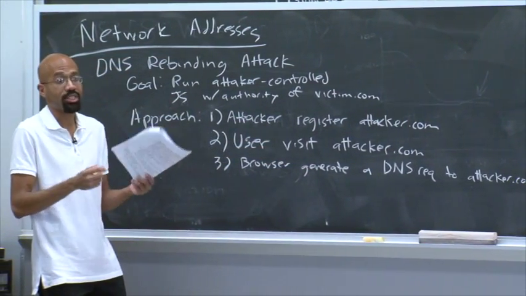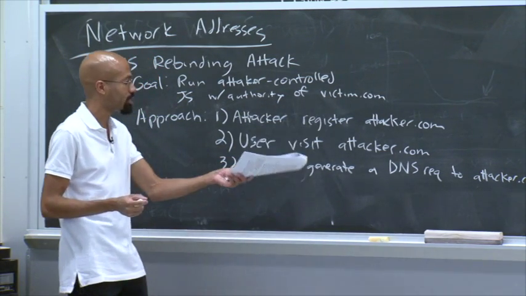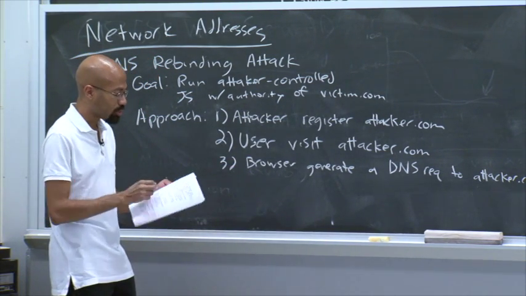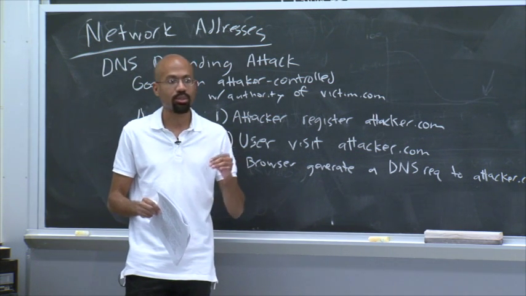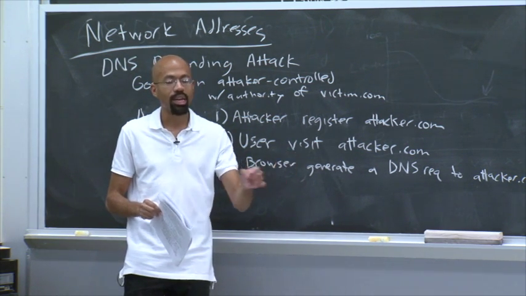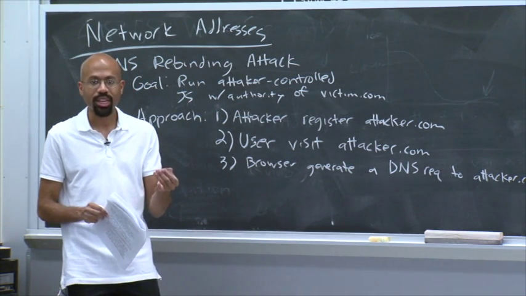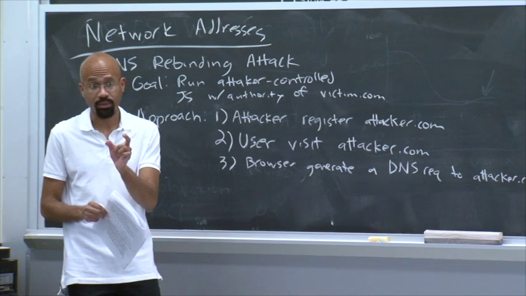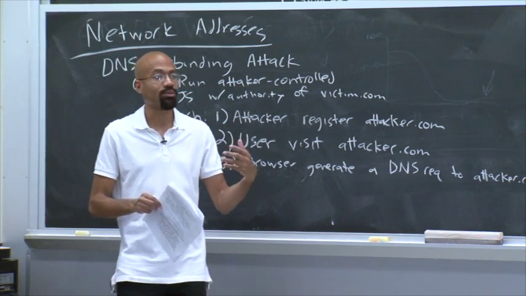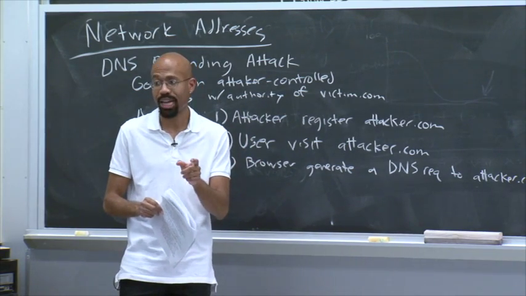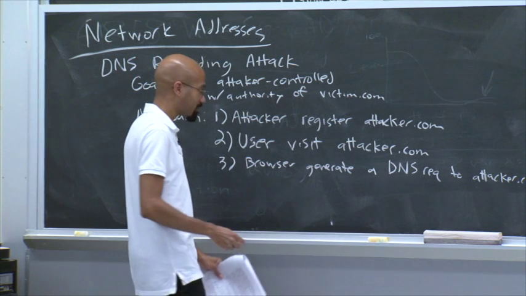The browser is going to say, I've never seen this domain before. Let me send the DNS resolution request to attacker.com. Right? So what's going to end up happening is that the attacker's DNS server is going to respond to that request, right? But it's going to respond with the DNS result that has a very short time to live, okay? Meaning that the browser will think that it's only valid for a very short period of time before it has to go out and revalidate that, okay?